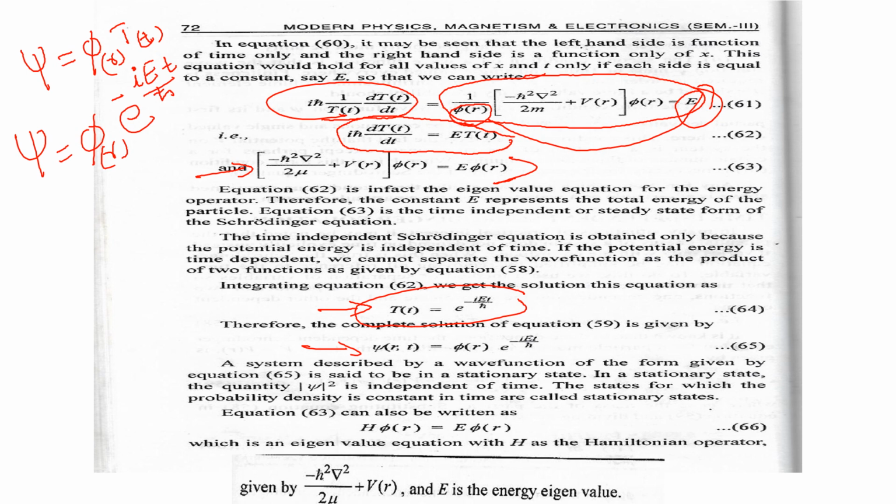This is the time independent Schrodinger equation. Here the Hamiltonian operator H is given by negative ħ² ∇² by 2μ plus V, and E is the energy value for that.